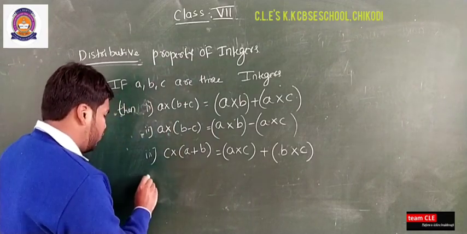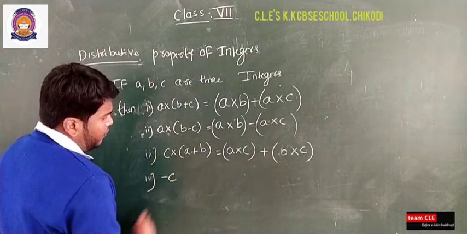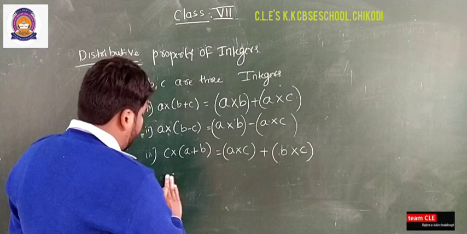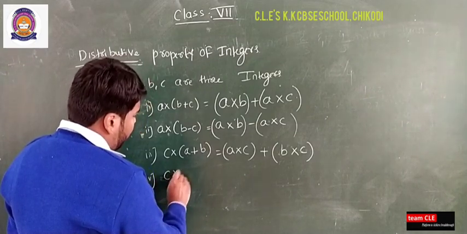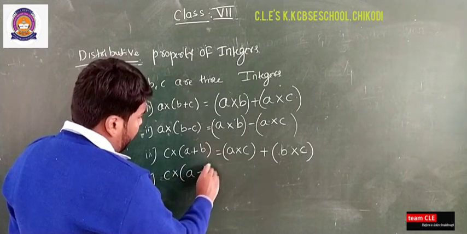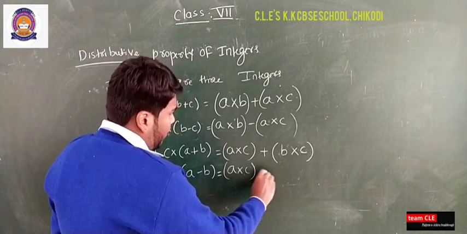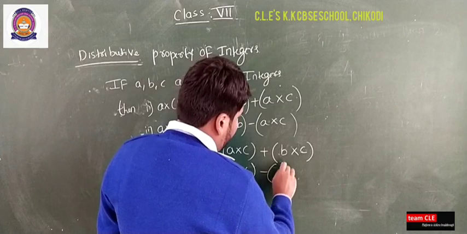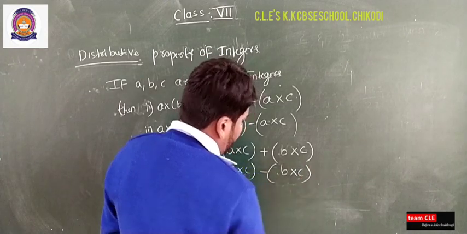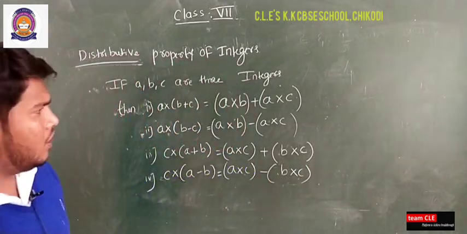Next one, the fourth case, (a minus b) into c, you can write as a into c minus b into c. Okay, so these four cases you can note down.